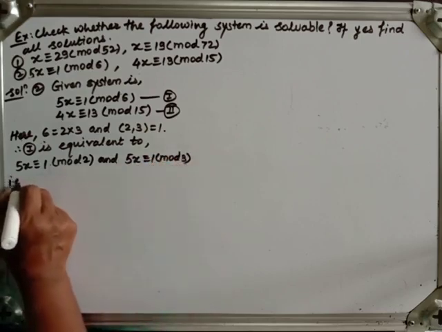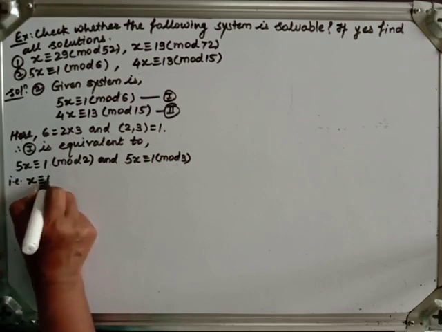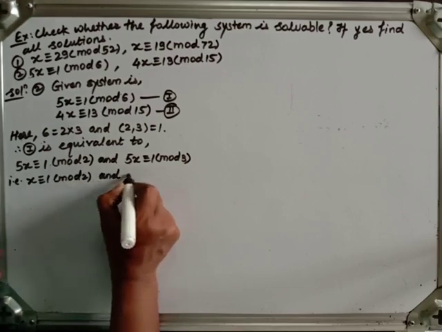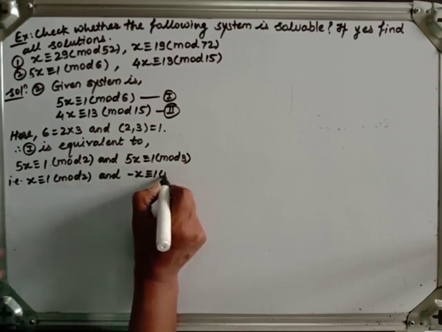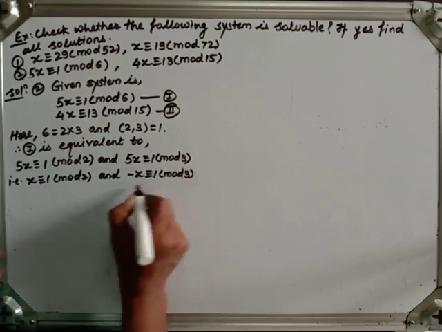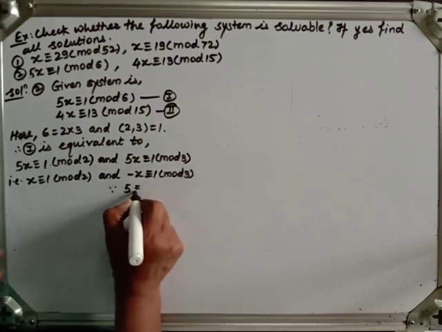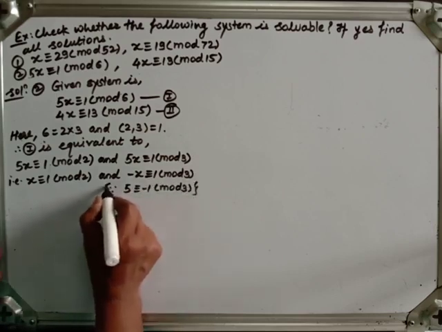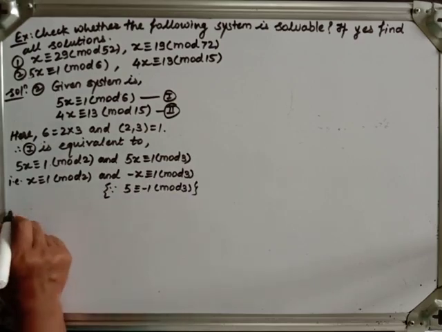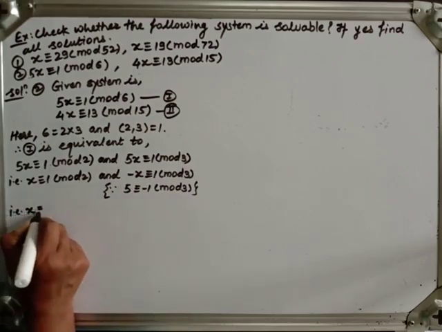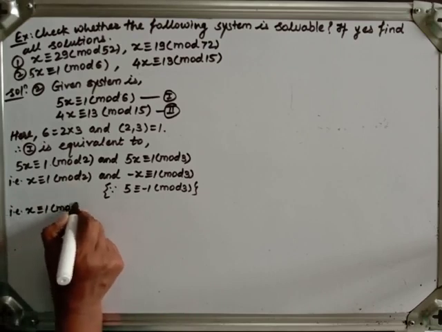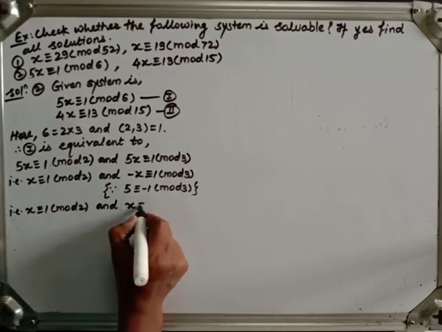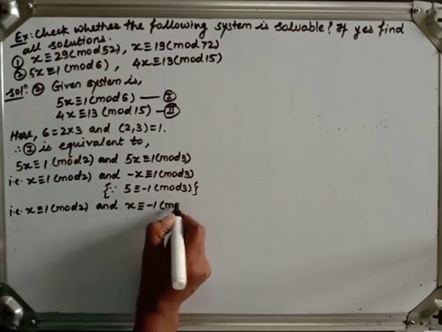That can be written as x congruent to 1 modulo 2 and, since 5x is congruent to minus x modulo 3, minus x congruent to 1 modulo 3, or x congruent to minus 1 modulo 3.